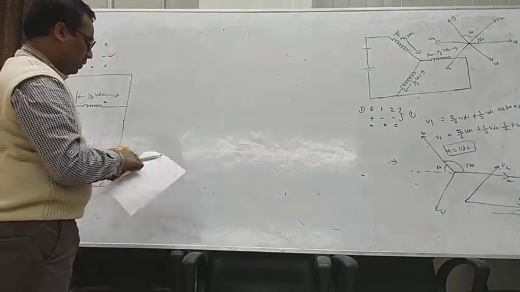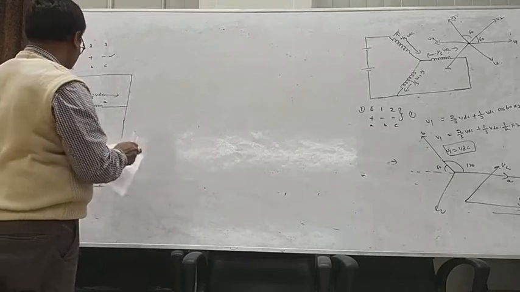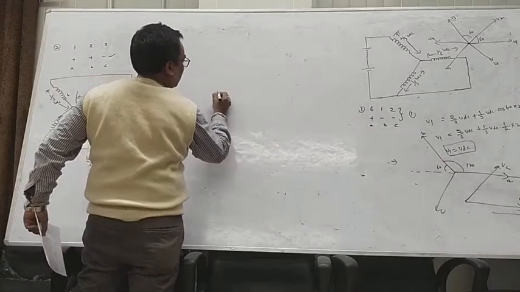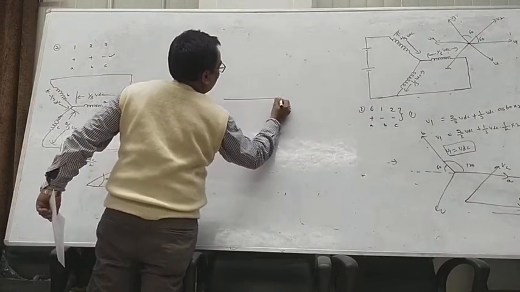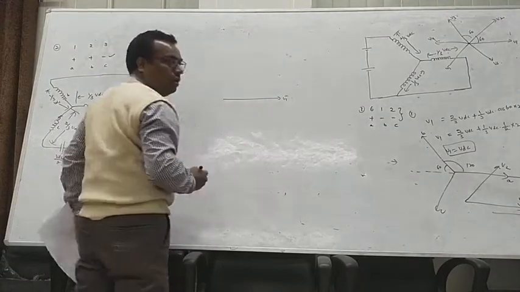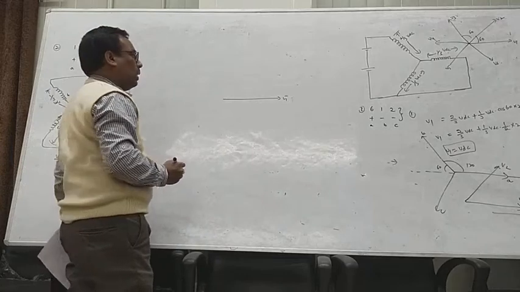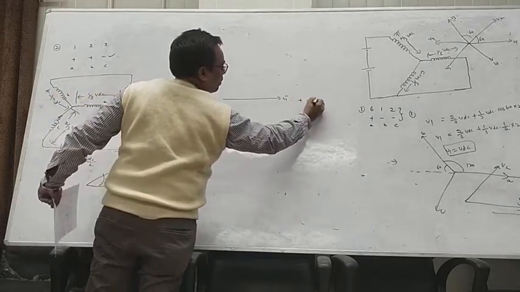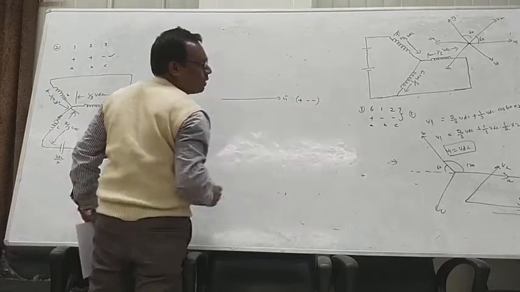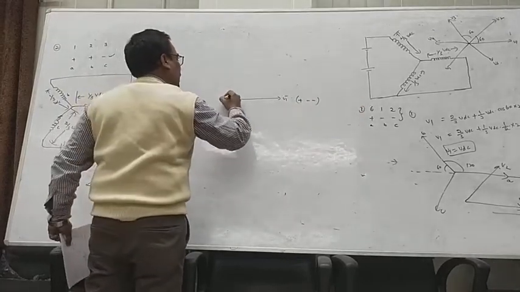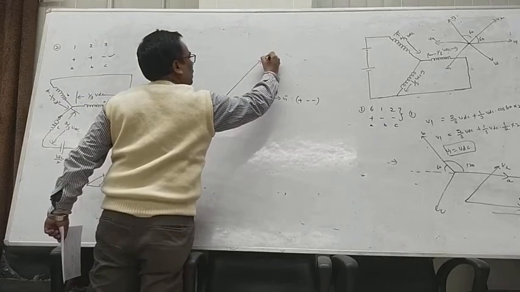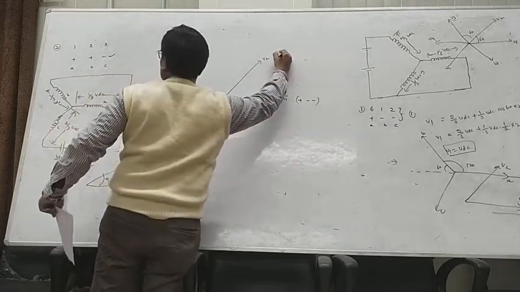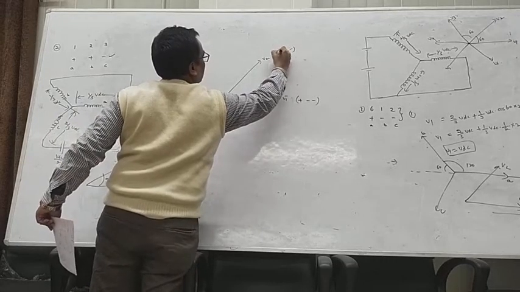So for example, if you take this, this is our V1, and this is plus minus minus. And now for the second case, this is V2, and this is plus plus minus.